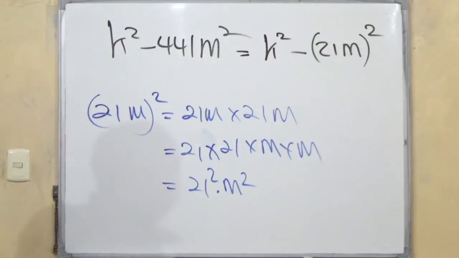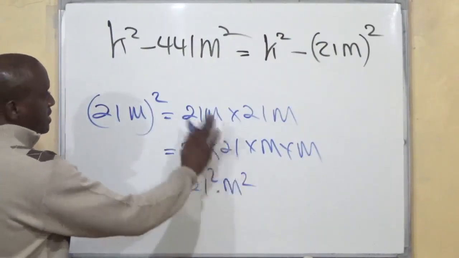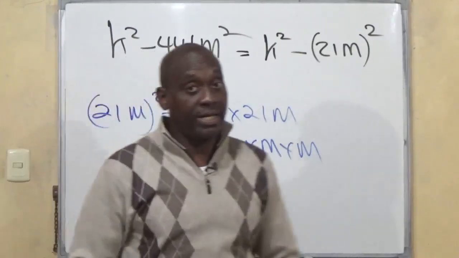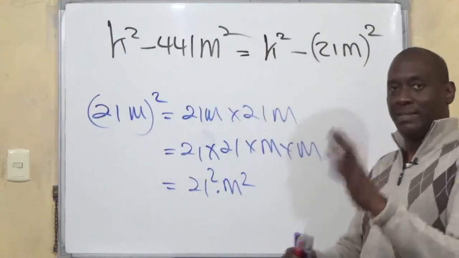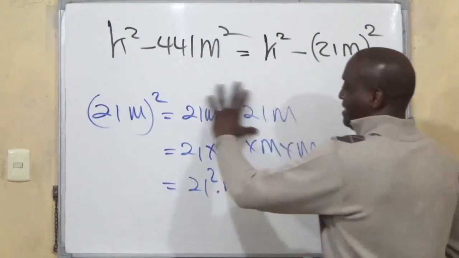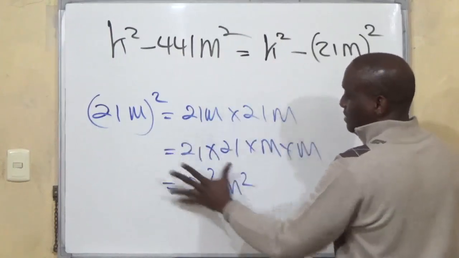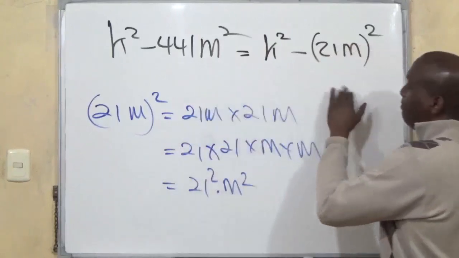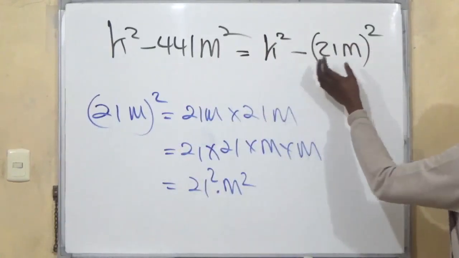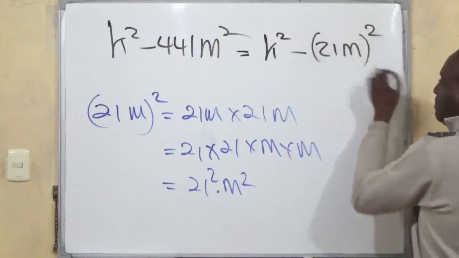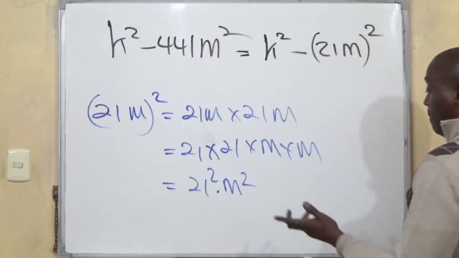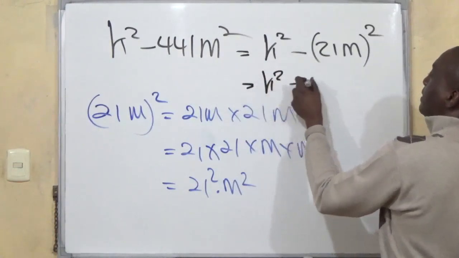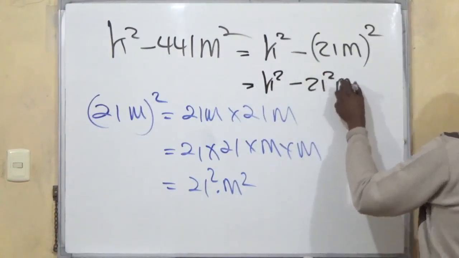Right? So all of this is part of this. It's kind of almost taken for granted, but as we go a little deeper into it, you will see that this is important. So you need to be aware of this. This is the indices that we cover in a separate video, but we're coming back across it here now. So k squared minus 21m all squared. Or some people might write it as k squared minus 21 squared m squared.